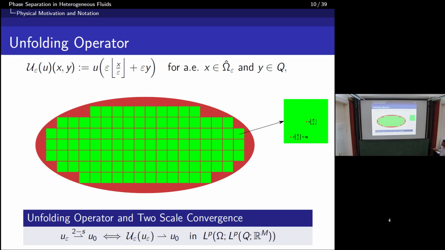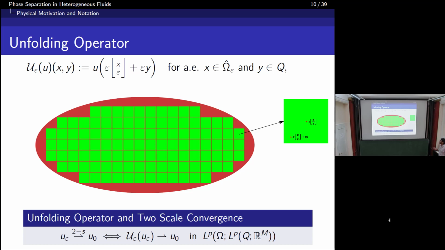There is some region where it intersects the boundary, which you just disregard. And on the region which is completely contained within the material, your x selects which cube you're in, and then the y actually tells you which point on the cube you want to select.